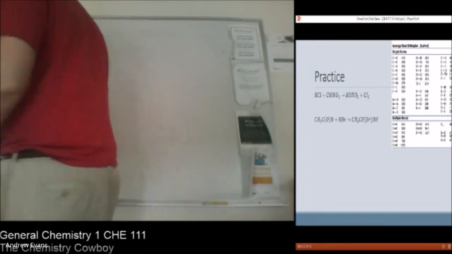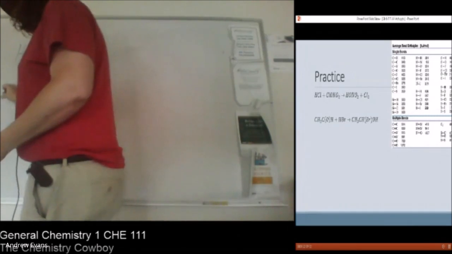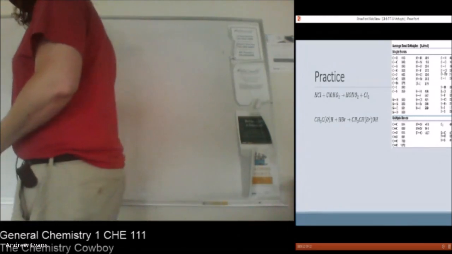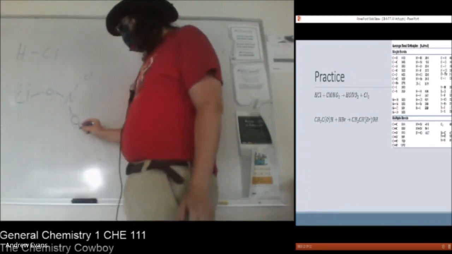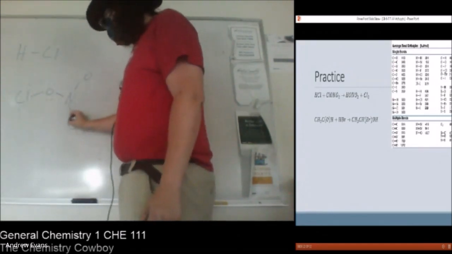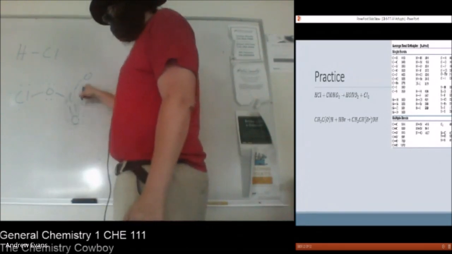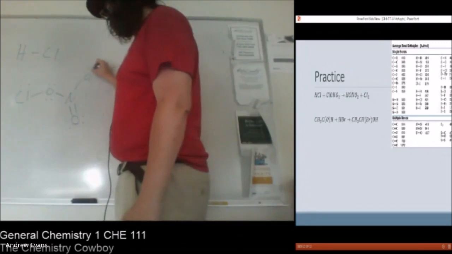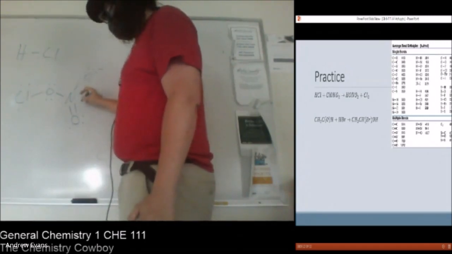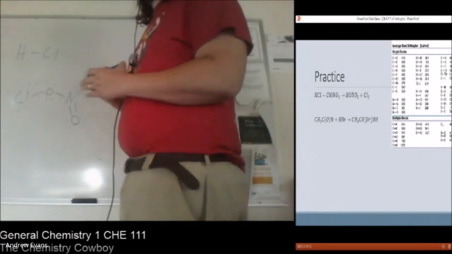So let's calculate. Chlorine should have 7. Oxygen should have, and N, 1, 2, 1, 2, 3. Sorry, this is coming from practice. This comes from practice.